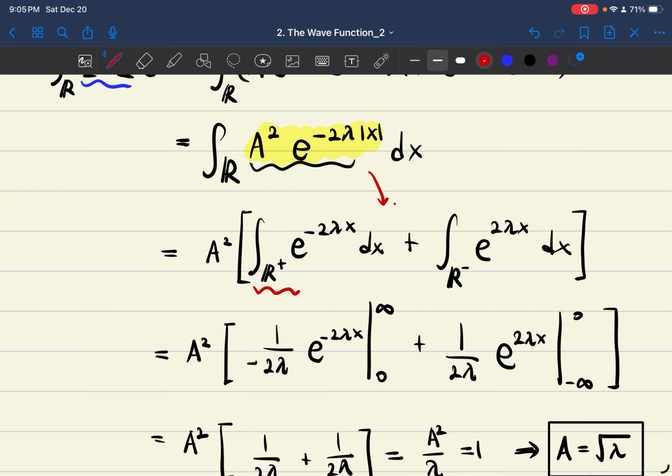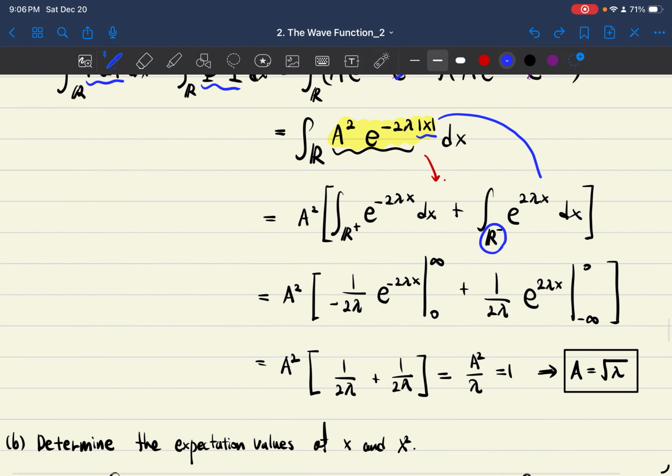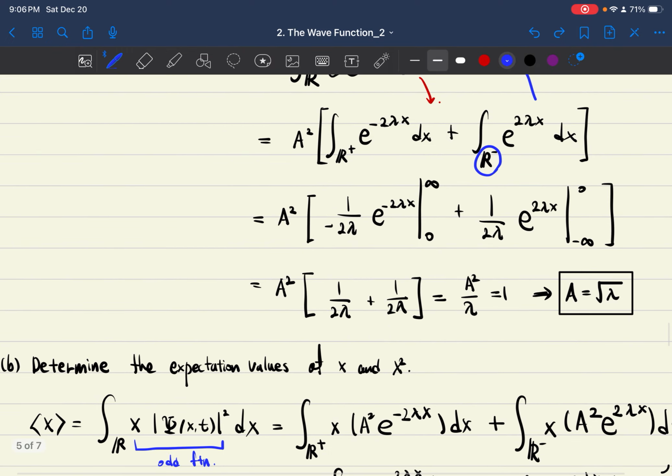So in the positive domain, the absolute value pops out just x. Also, in the negative domain, the absolute value pops out with a minus. So the minus cancels out to be a plus. So we just calculate this integral to get the final answer, A equals the square root of lambda.